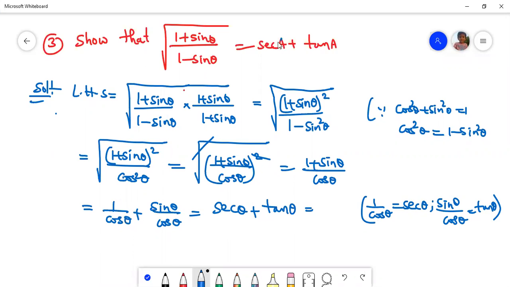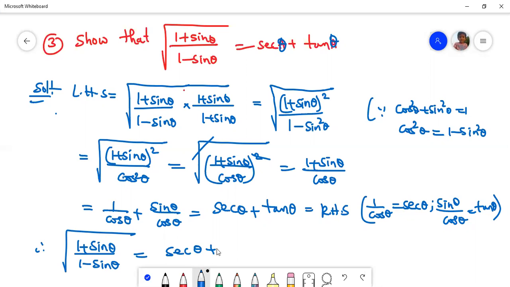This is equal to the RHS. Therefore, square root of 1 plus sin theta by 1 minus sin theta equals secant theta plus tan theta. It is the solution.